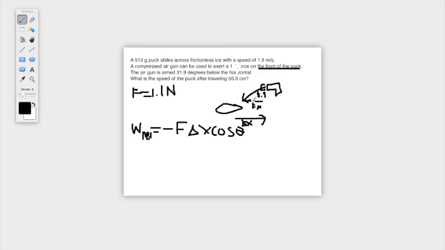Because you're trying to find the force that's parallel to the puck's motion, and the negative is there because it's opposite from the displacement, because the force is going to the left. Then we can apply this to the work energy theorem. So W net equals the change in kinetic energy.